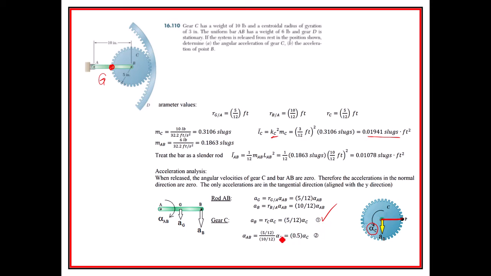We also know that the acceleration at B from up here is going to equal this expression right here. So we set them equal to each other, and we have a relationship between the angular accelerations. That's going to be equation 2. So we know those setups right there.